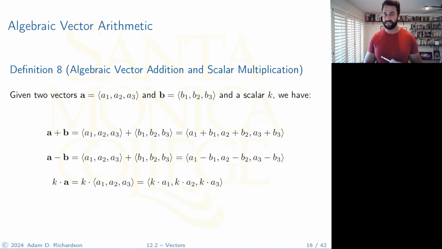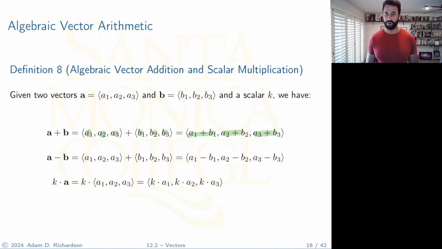Okay, basics. If we've got 2 vectors, then vector addition in its algebraic form is exactly what you would expect. You just do everything component-wise. So a plus b equals <a1, a2, a3> plus <b1, b2, b3>, which is <a1 plus b1, a2 plus b2, a3 plus b3>.